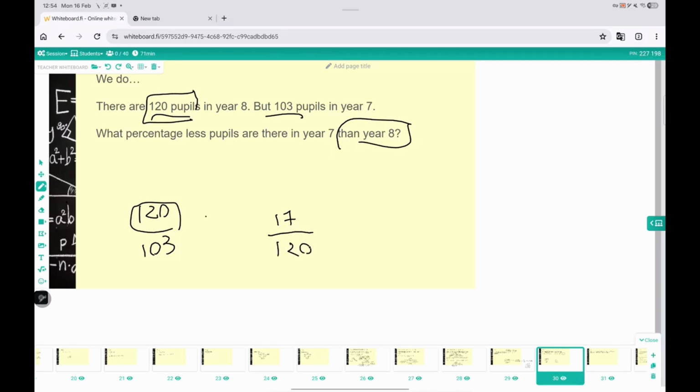So 17 over 120, if we type that into our calculator and SD it, hang on, my calculator's having a funny moment, then we get 0.1416 forever. Okay, so I'm going to round that to 0.14, which is 14%.